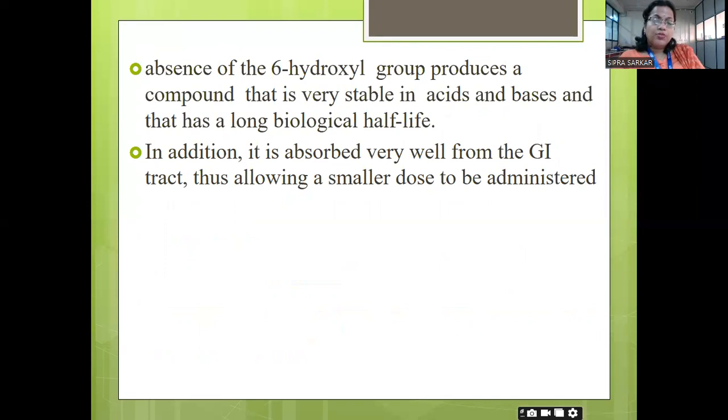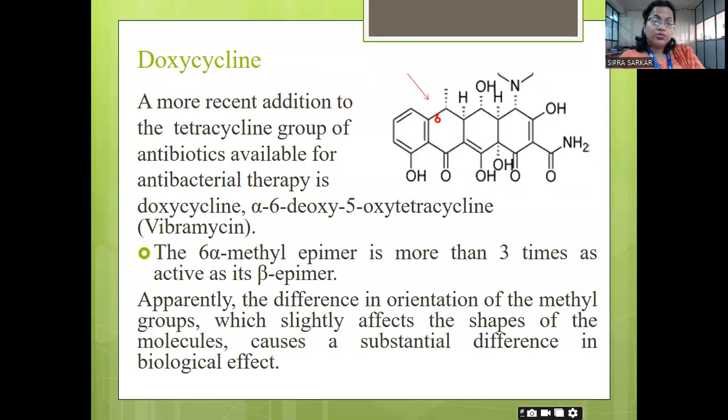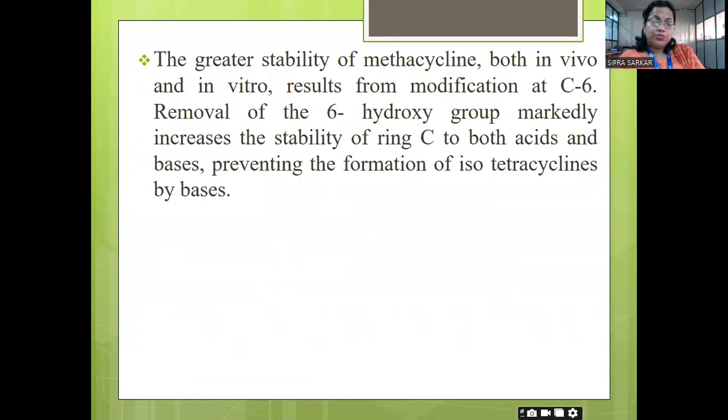In addition, it gets absorbed very slowly from the GI tract, thus allowing a smaller dose to be administered. I was discussing this: the removal of the 6-hydroxy group markedly increases stability to acids and prevents the formation of isotetracycline.